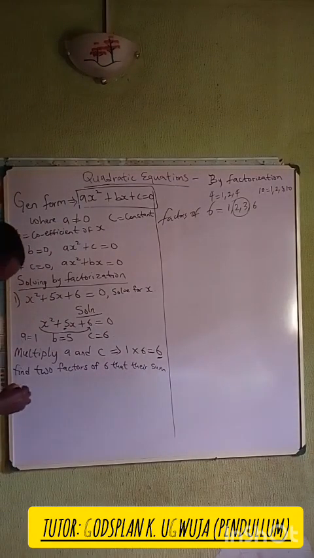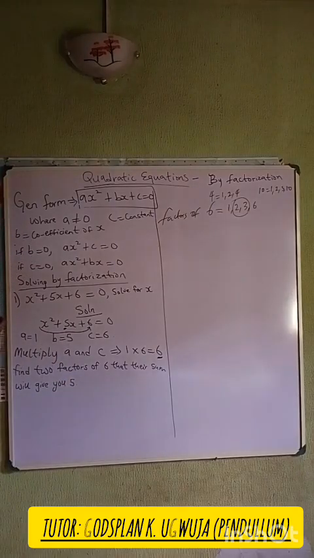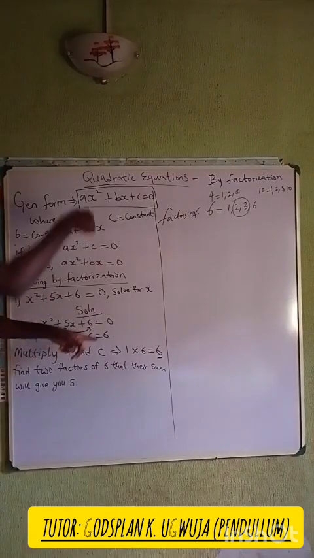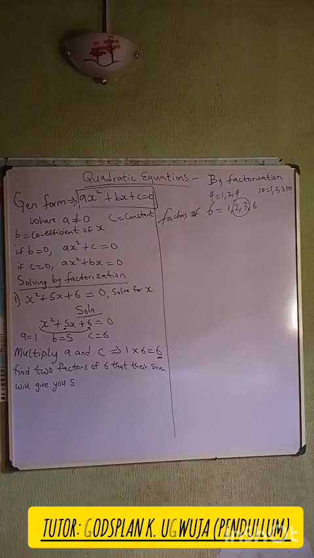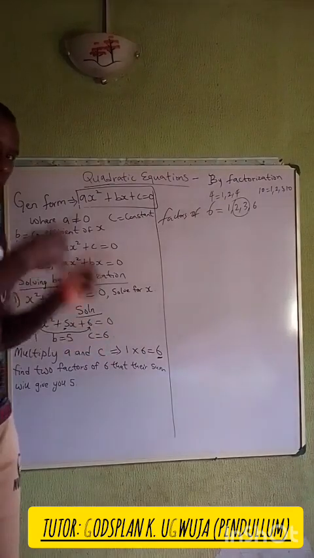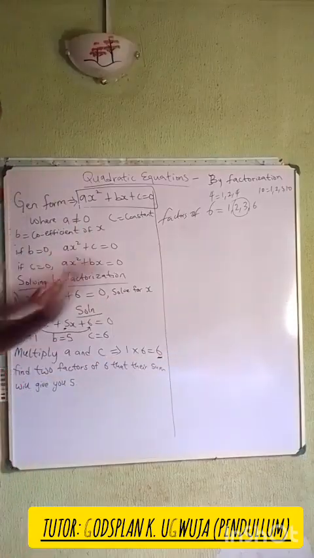That their sum will give you 5. Okay, so you just multiply A and C, find the factors of the answer that will give you B. That's it. Maybe that will help you remember. Multiply A and C, find the factors of the answer that will give you B. I hope it's clear like that.